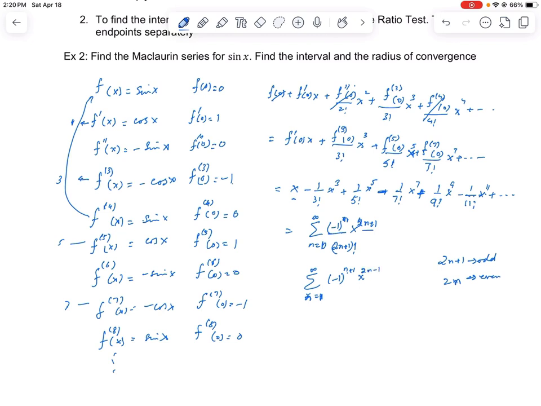So 2n plus 1, 2n plus 3, 2n plus 5, all these are odd numbers. And you can go on the other side, 2n minus 1, 2n minus 3, and so on. So which number you need, you just use that. So divided by 2n minus 1 factorial.